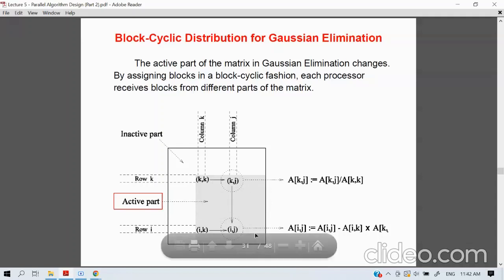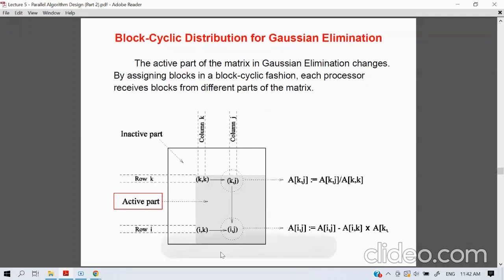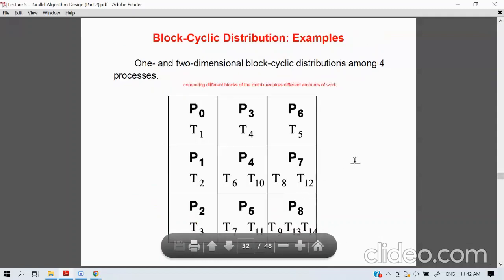So dia keep on repeating to make sure there is no imbalance of load and also idling. Alright, so this is example bila dia active part tadi. Okay, this one part ni dia fokuskan to become this one lah.